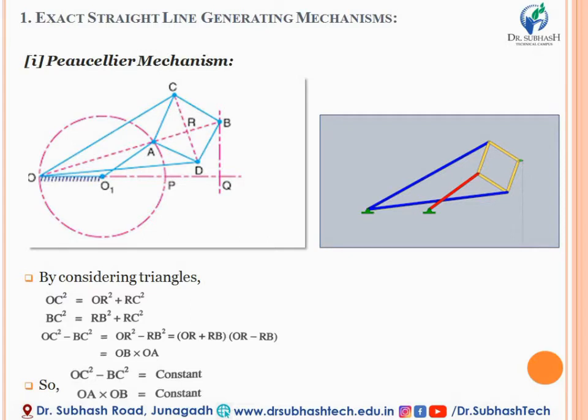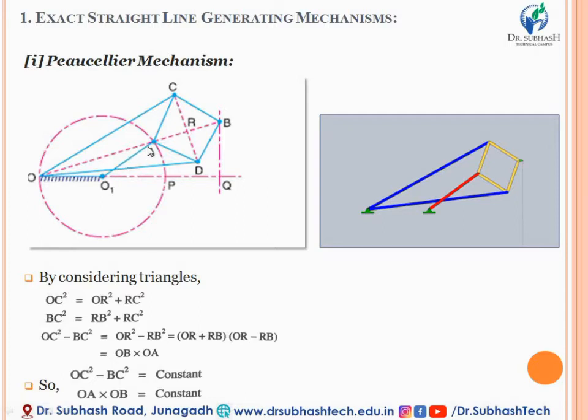Now if you are rotating a link O1A about the fixed point O, it can be shown that the product of OA and OB is constant as O1A rotates.